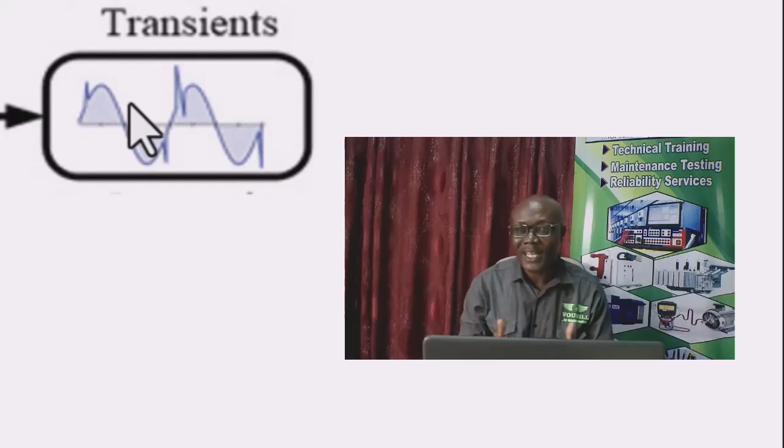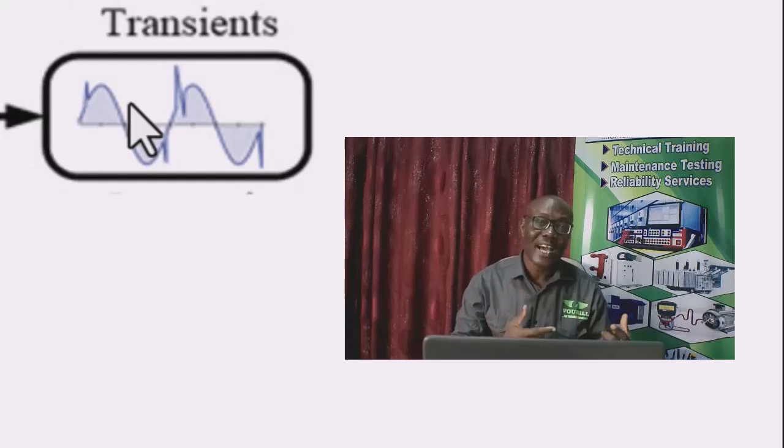Remember, when lightning strikes, it creates an electromagnetic field. That electromagnetic field, created as the lightning is discharging into the earth, induces voltage into our electrical system. These are the spikes.